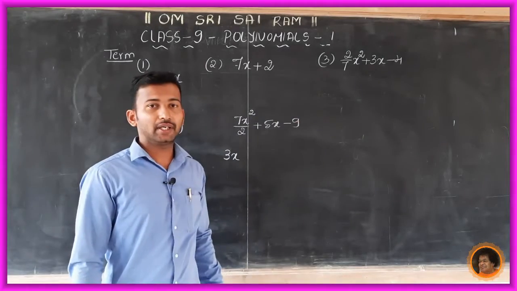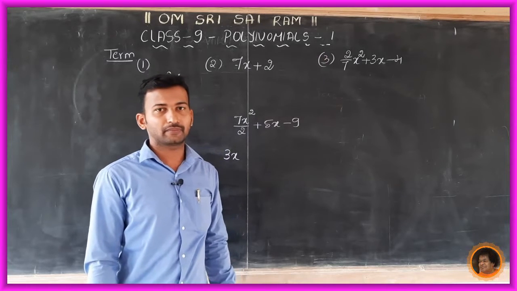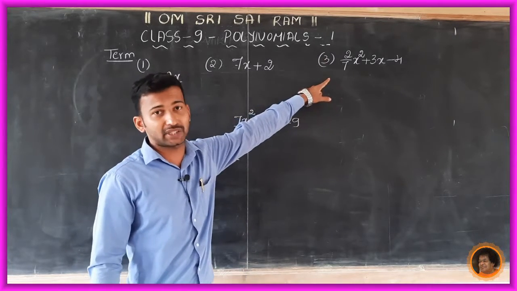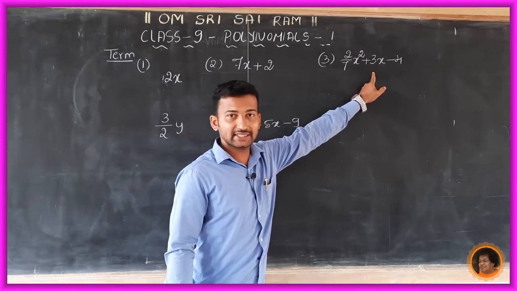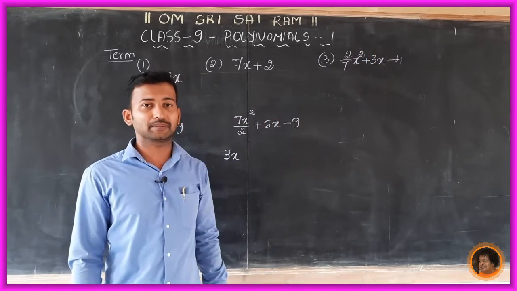Next example, 2 by 7 x square plus 3x minus 4. It's an algebraic expression. In this algebraic expression, 2 by 7 x square, 3x and minus 4 are the three terms.